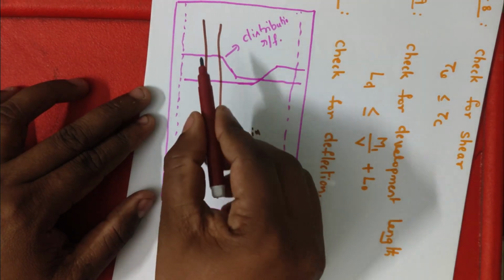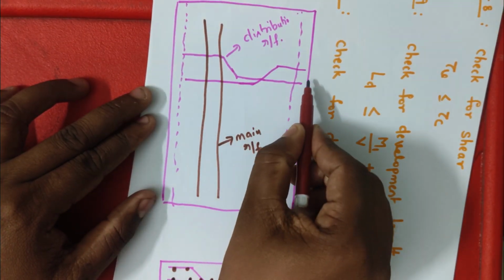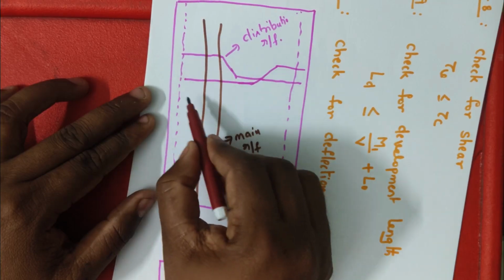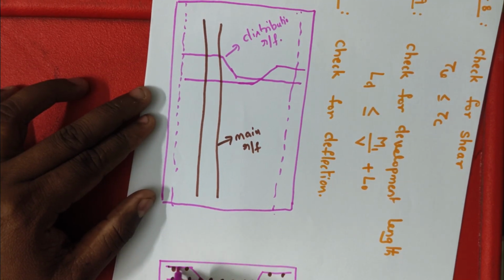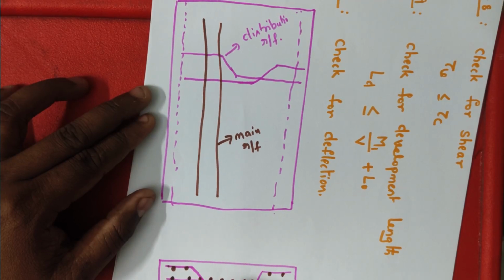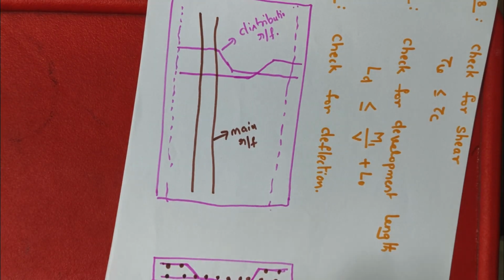The distribution steel needs to be provided like this. This is the distribution steel.